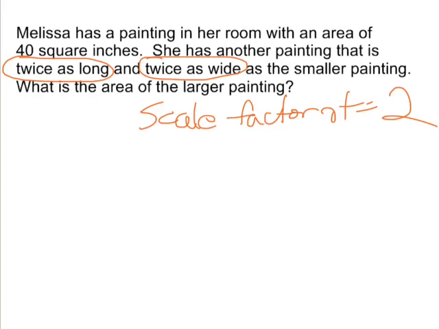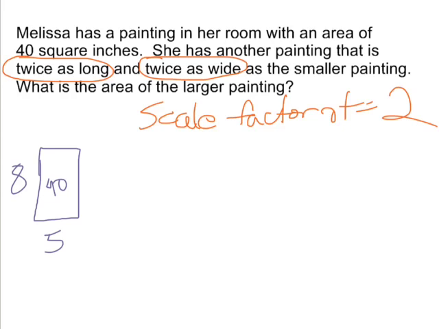Scale factor of 2. But let's go ahead and just sketch a diagram and see what this looks like. If we have a painting and it measures 40 square units, we could just make up some measurements. Let's say it was an 8 by 5. If we multiply 8 times 5, we get 40. So the area of that one would be 40.